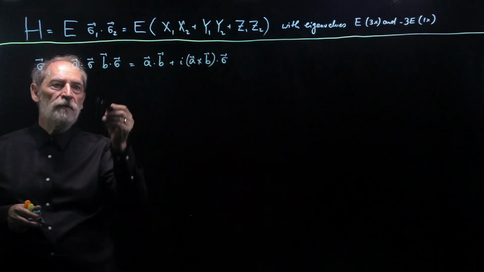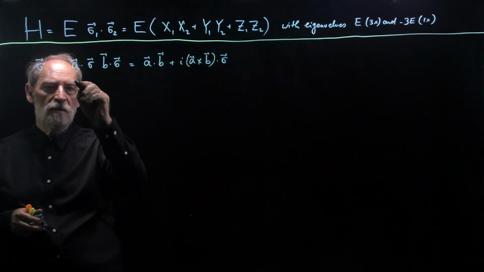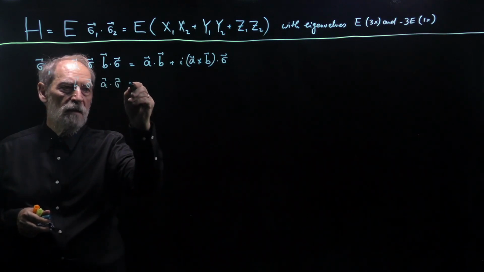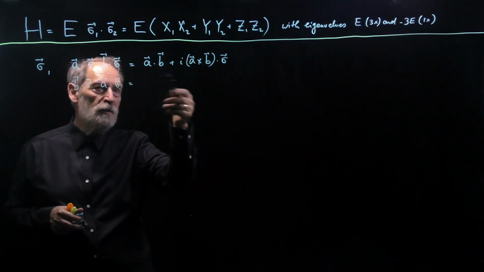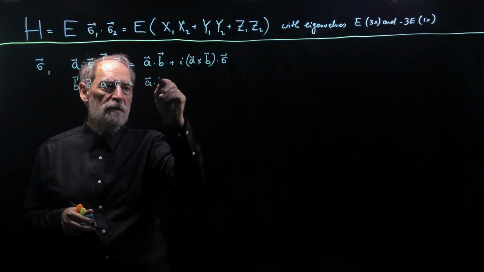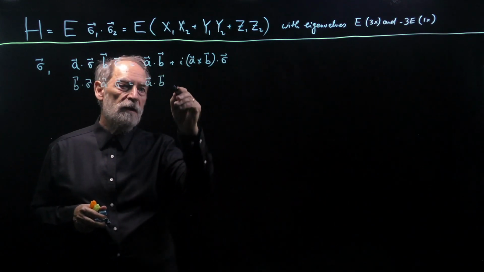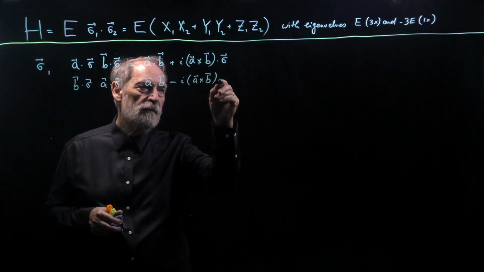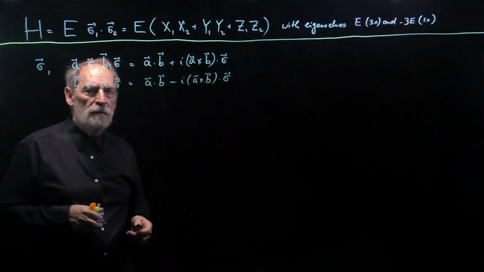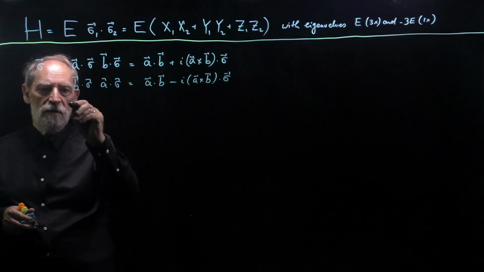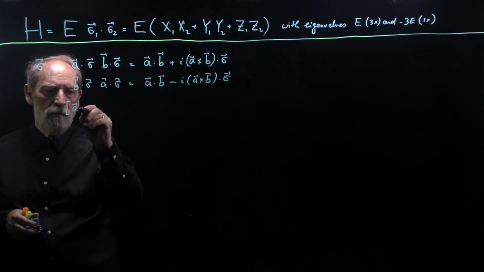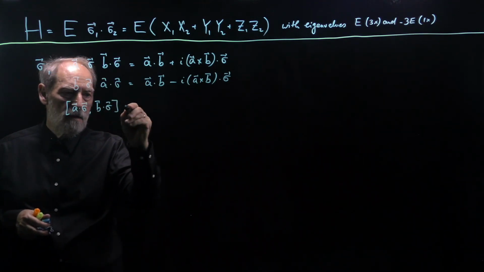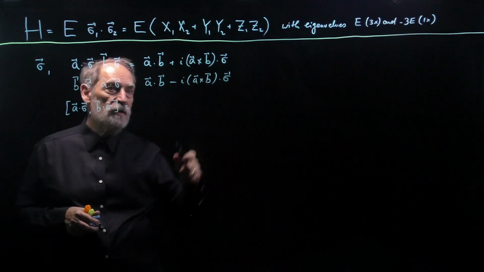So now if I reverse A and B here, so if I look at B dot sigma, A dot sigma, then of course it's just like switching between A and B, which makes no difference to the dot product, but it changes the sign of the cross product. And therefore, if I look at the commutator of two components of the sigma vector operator, that will be the difference of these two expressions.